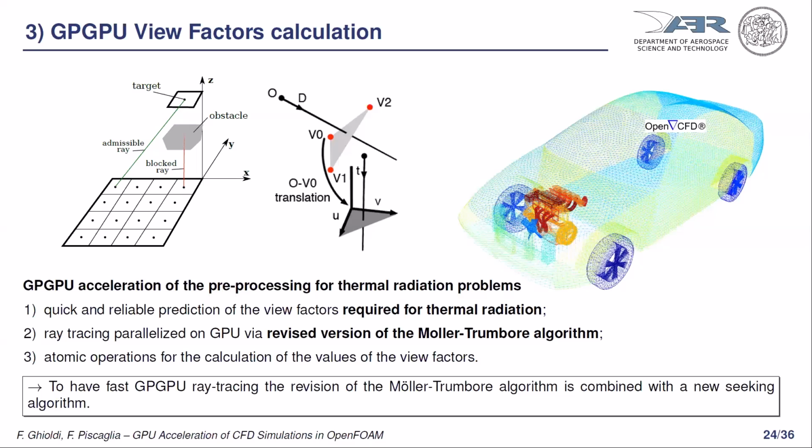Then once you know this information, you need to actually compute the elementary view factor, the elementary contribution on the visible face. When we sped up the ray tracing, we found at some point that the calculation of the view factors, because of 4 nested for loops, was becoming the bottleneck. And so we had to speed that up as well.